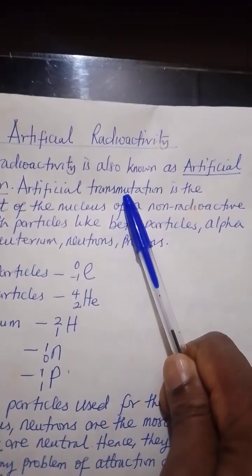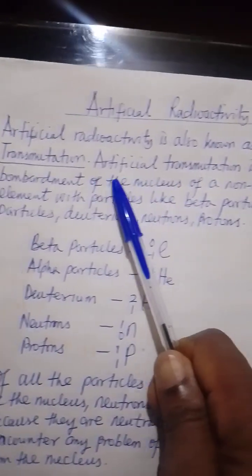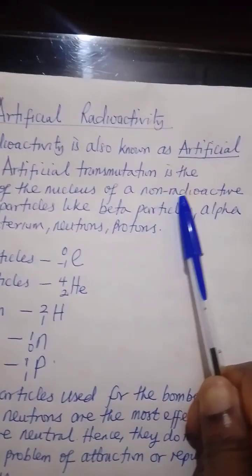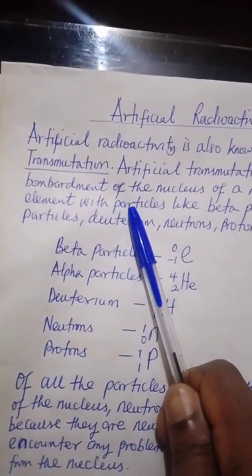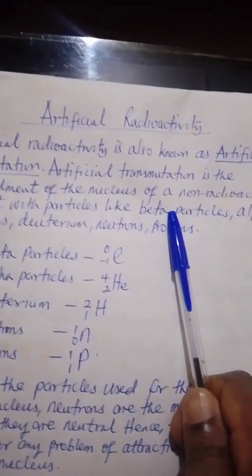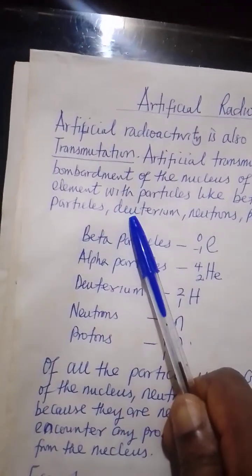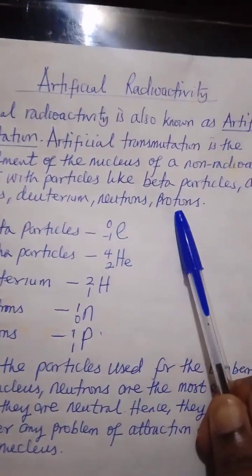Artificial transmutation is the bombardment of the nucleus of a non-radioactive element with particles like beta particle, alpha particle, deuterium, neutrons, protons.